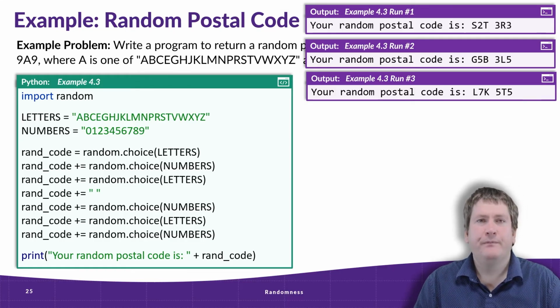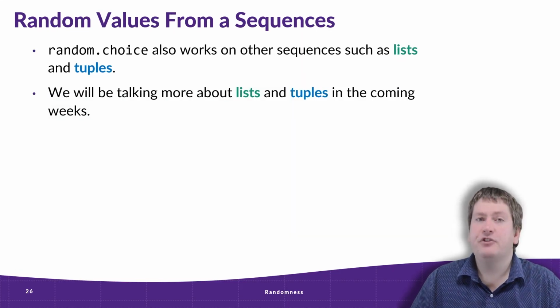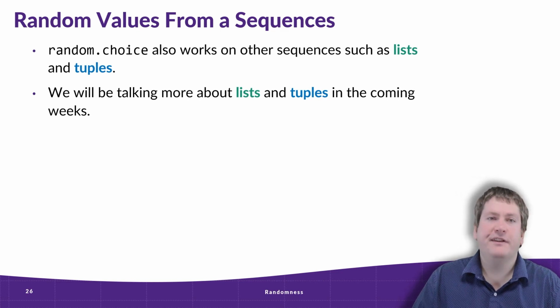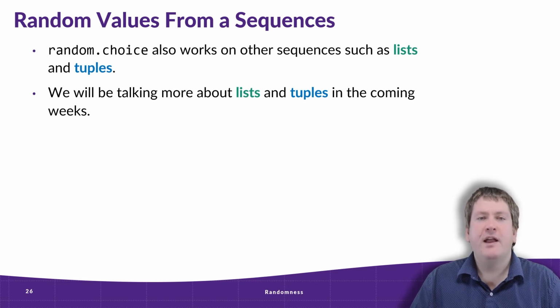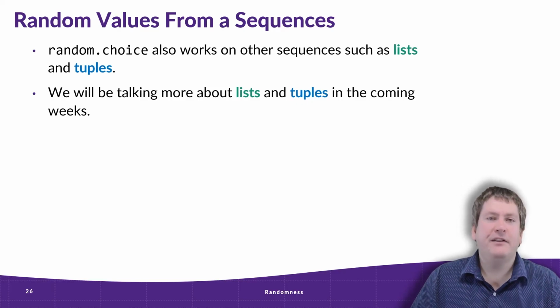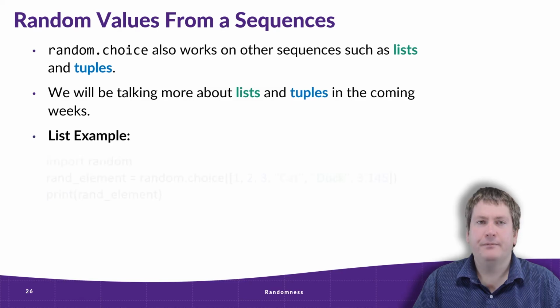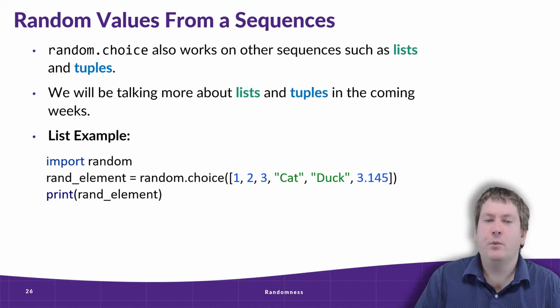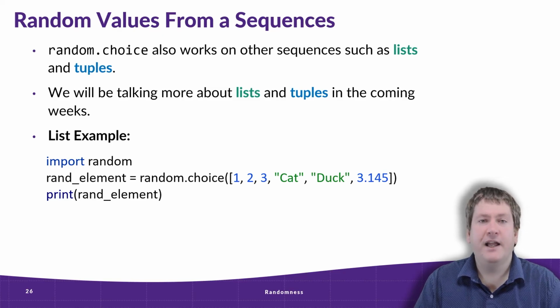Now I should mention the random.choice function also works on other sequences, such as lists and tuples. And we'll be talking a lot more about lists and tuples later in the course, but for now let's take a look at a really simple example. In this case, we have a list that has a bunch of different types of elements. It's got 1, 2, 3, the string cat, the string duck, and the floating point value 3.145.